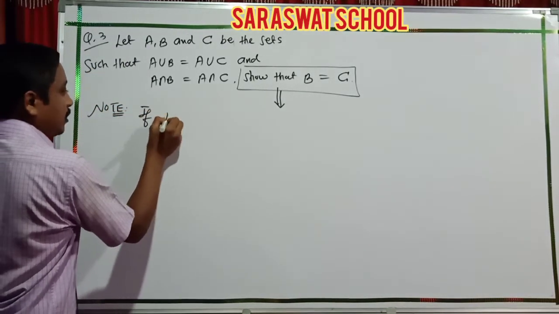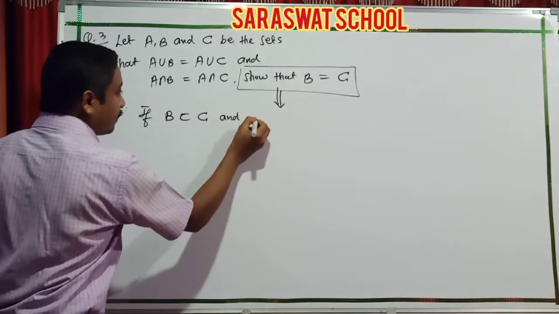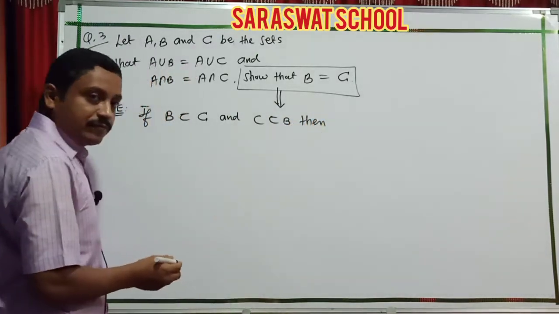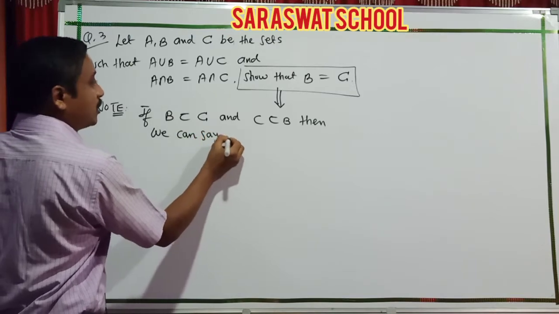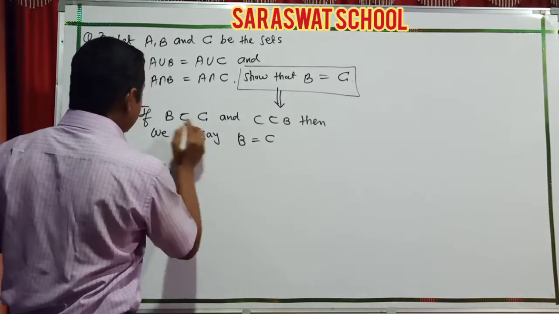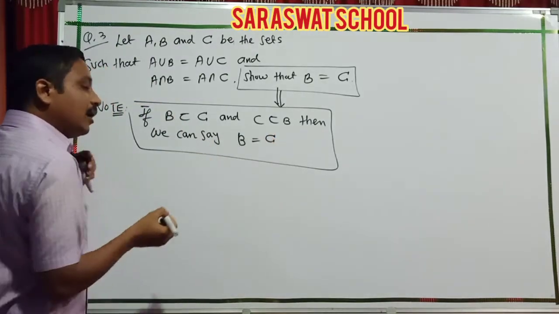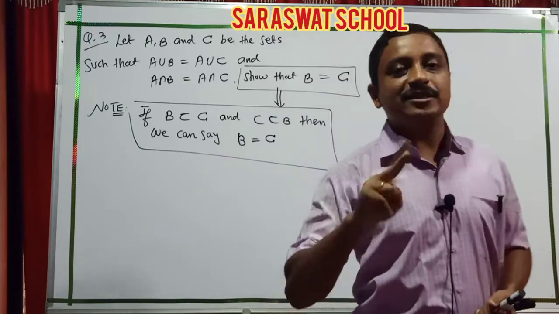If B is a subset of C and C is a subset of B, then we can say B equals C. Students, first of all be clear in your mind about when two sets are equal.